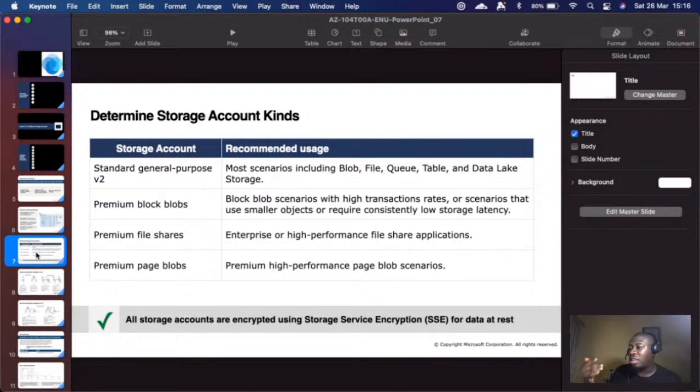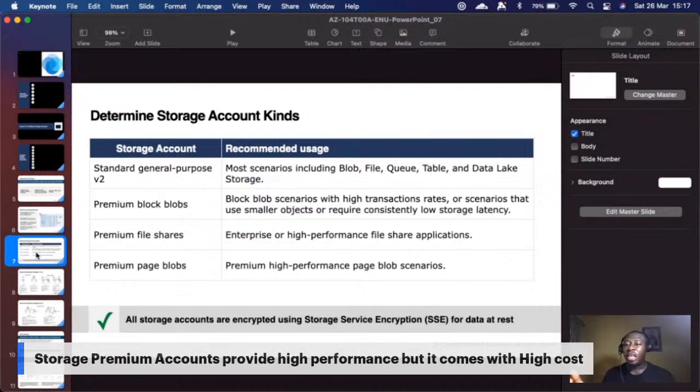Now, let's move over to the premium file shares. The premium file shares are for enterprise organizations. They have high performance and are also used for sharing between applications. I already mentioned before we even started that anytime you hear the word premium, you are looking at really high performance, and in this case, maybe enterprise organizations. So generally, I wouldn't expect startups who aren't so boxed up to make use of this kind of service.